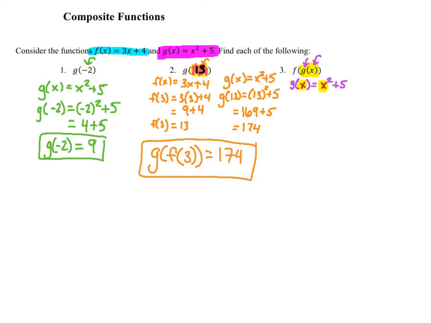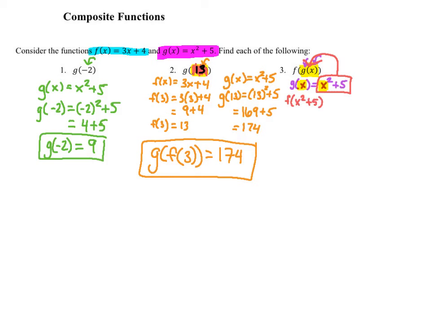So what I'm going to do now is take everything that g of x equals, so x squared plus 5, and plug all that in to all of g of x. So now I'm going to have f of x squared plus 5.